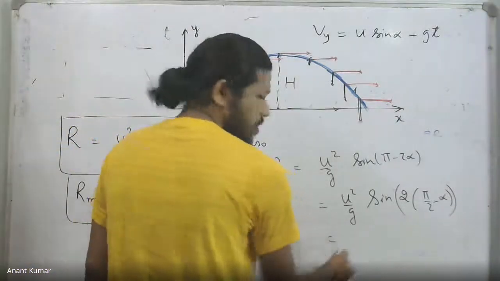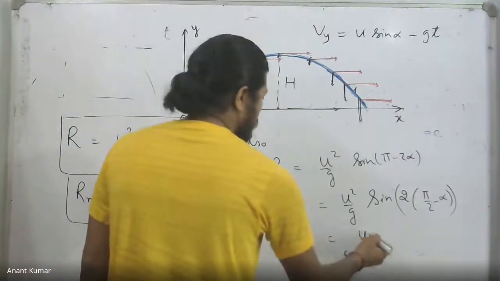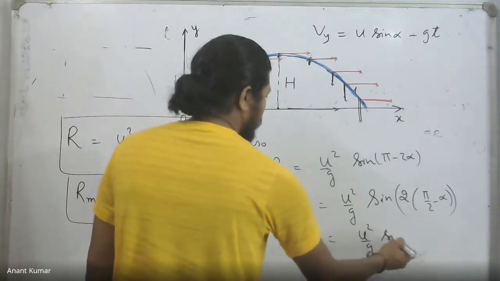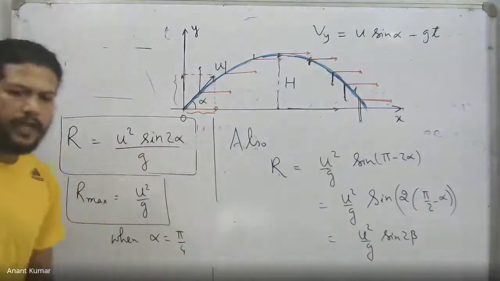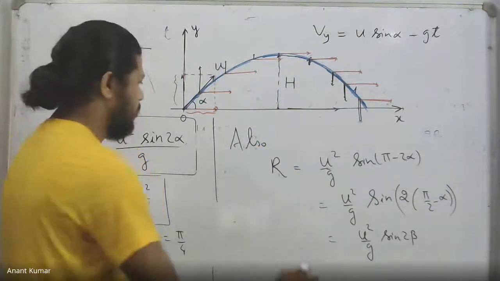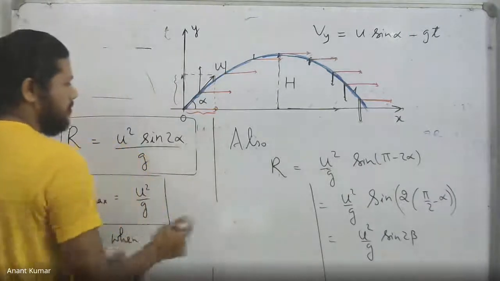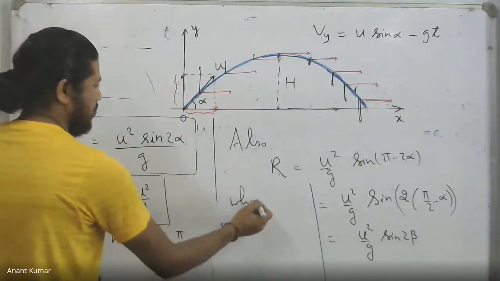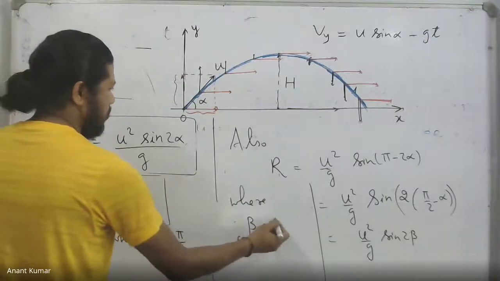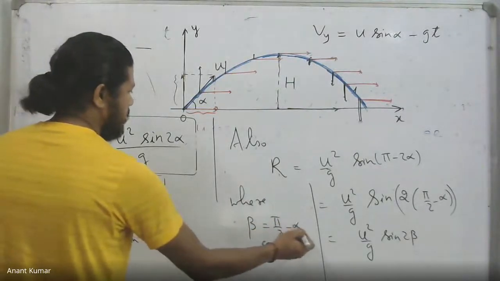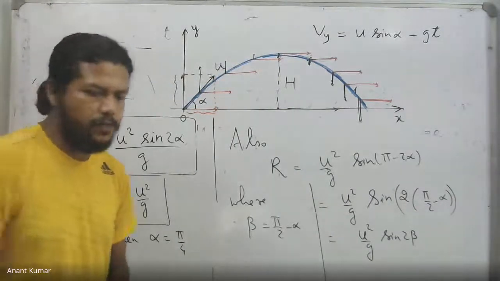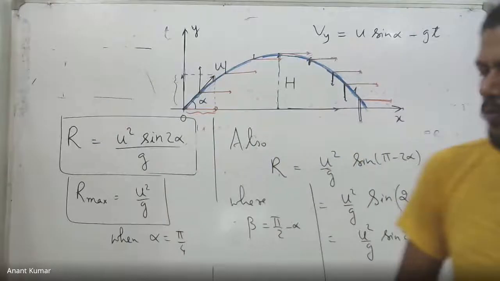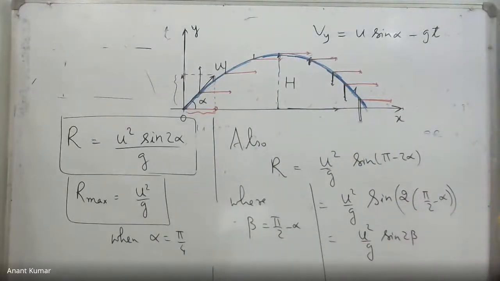This becomes u square upon g into sine 2 beta, where beta is equal to pi by 2 minus alpha, which means therefore that if I throw the projectile with the same speed u but at angle alpha and pi by 2 minus alpha, in both cases the ranges are going to be exactly the same.